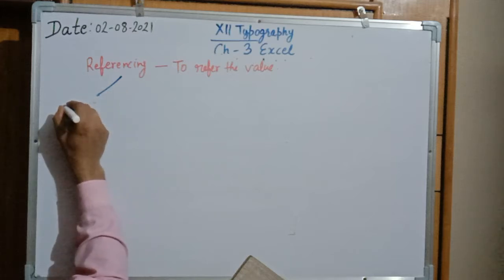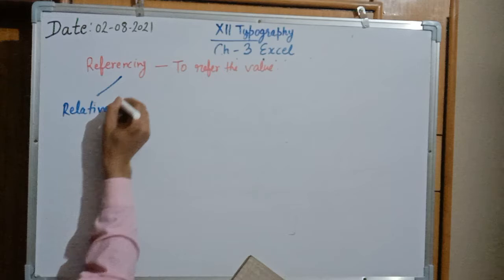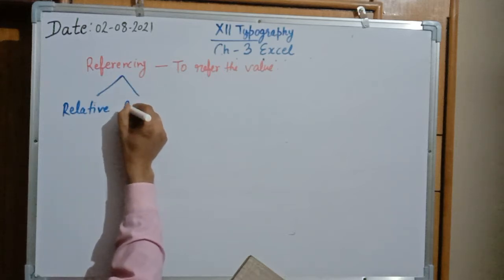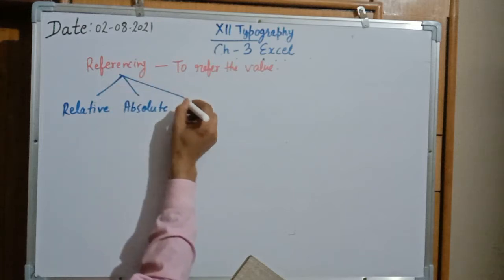One is relative. Second type is absolute, and third type is known as mixed.